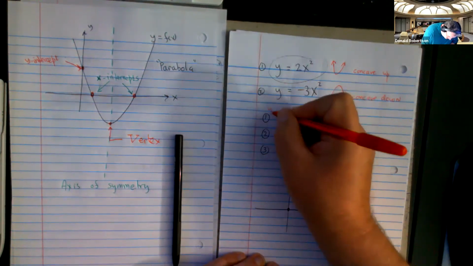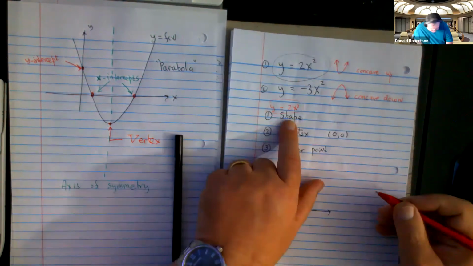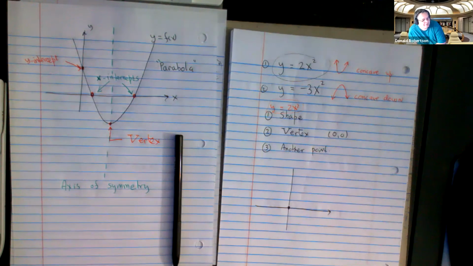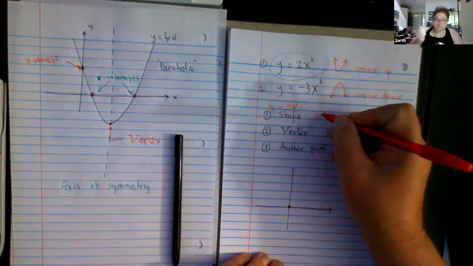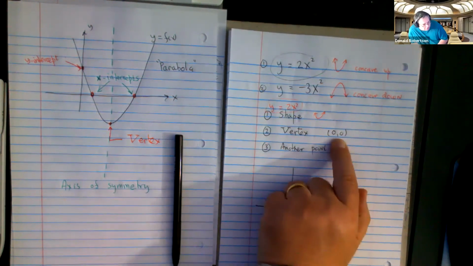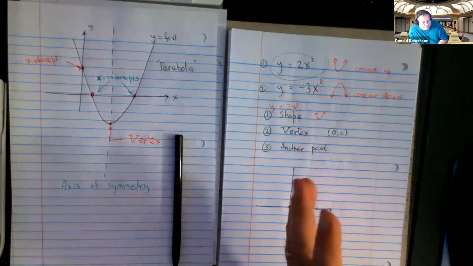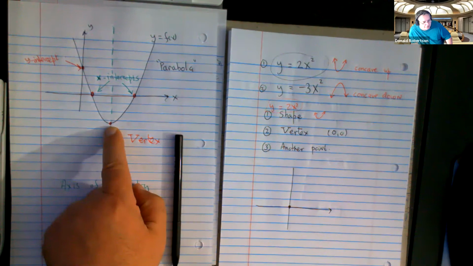So I'm going through my hit list for 2x squared. What kind of shape does 2x squared have? Happy face or sad face? Happy, concave up. When it's 2x squared, the vertex is the origin. If it's 5x squared, the vertex is the origin. So the bottom of the happy face is going to be the origin.